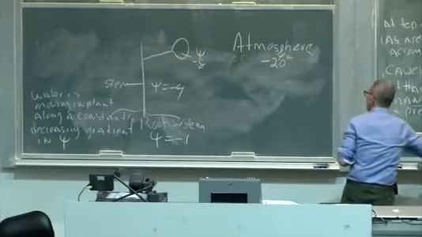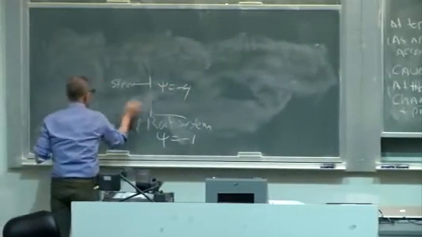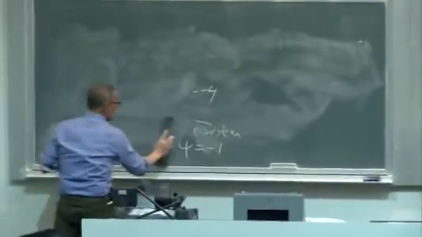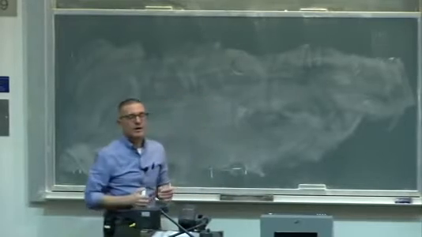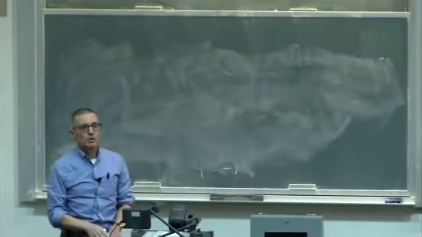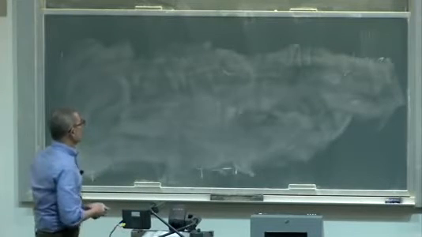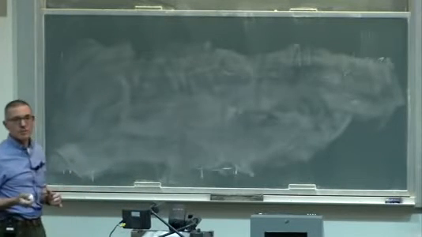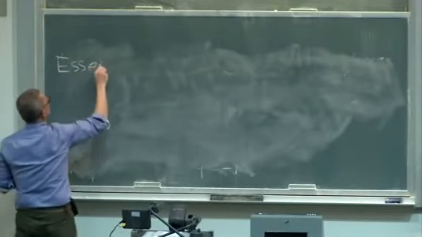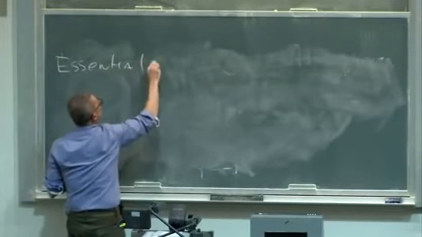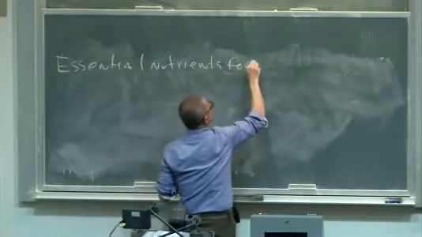And that statement is correct in a certain way, but it isn't totally correct, because in addition to carbon, hydrogen, and oxygen, there are a couple of other elements which are required for the plant to complete its life cycle. So what I'd like to do in the last 15 or 20 minutes of the class is to talk to you about essential nutrients for plants.